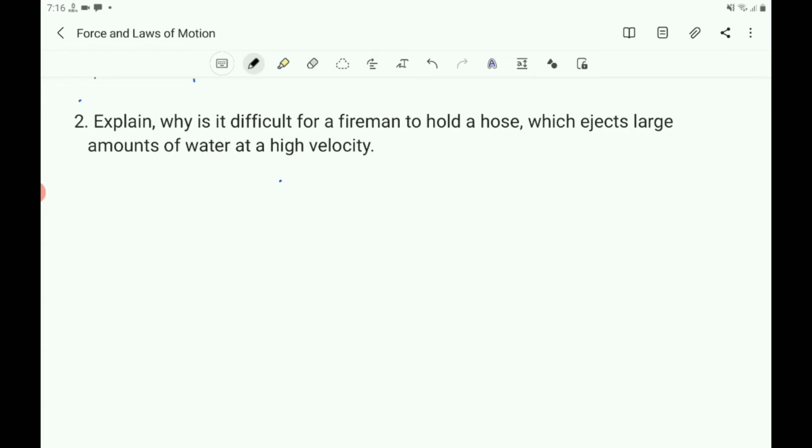difficult to hold a hose pipe which is ejecting a large amount of water at high velocity, because the stream of water rushing out of the pipe in the forward direction exerts a large force on the pipe. Due to the reaction of the forward force, a force is applied on the pipe in the backward direction.